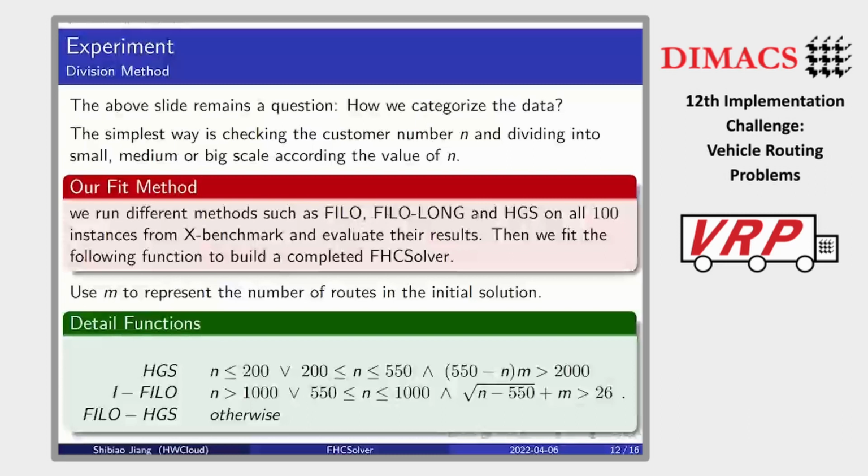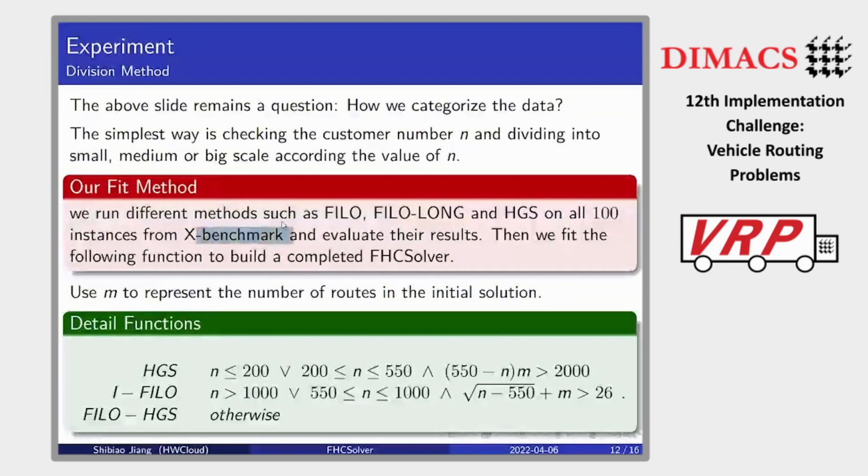We test all the results in the X benchmark, just 100 instances. And we fit the following function to divide the data into 3 parts. You will find the detailed function in the green block. And we directly use this function on other datasets.